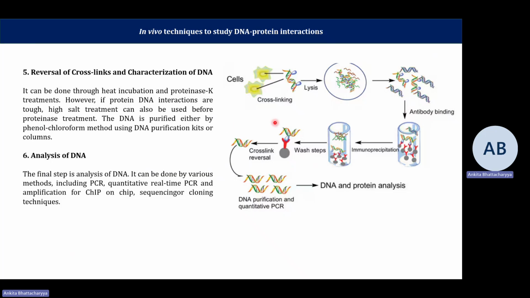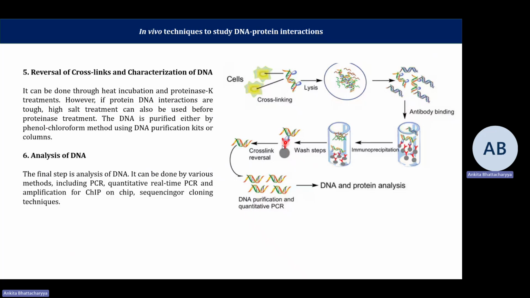You have your DNA molecule that is getting cross-linked to the cells. Then after lysis, you have the release of all of these cells. Then you lyse cells, allow the DNA to come into solution. Then you perform antibody binding.